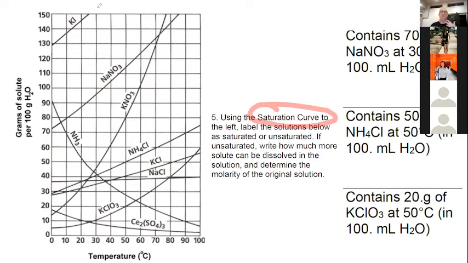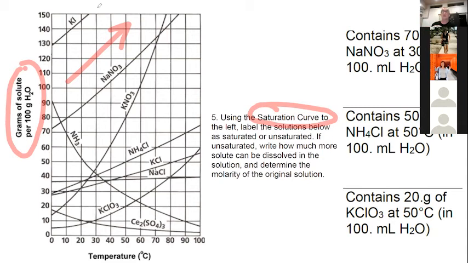You'll notice that for almost everything, the solubility goes up as the temperature goes up. Solubility is generally given in grams of solute per 100 grams of water or 100 mL of water. It's the same thing, since the density is 1 gram per mL.